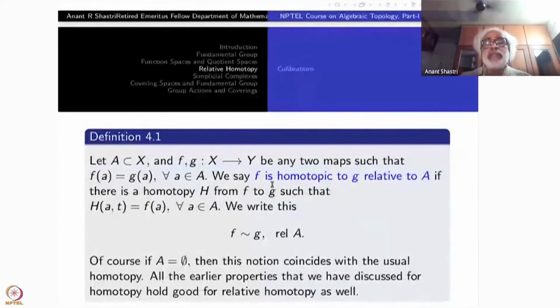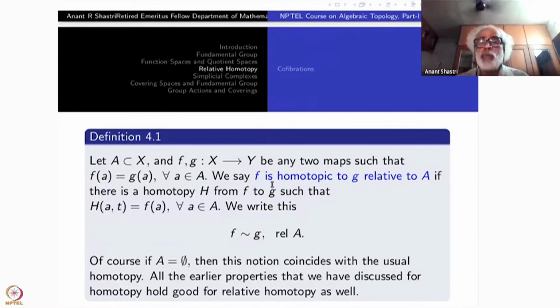Start with a subset A of X, where X is a topological space, and two continuous functions F, G from X to Y, such that on A they agree: F(a) equals G(a) for every a in A. So on a smaller subset, the functions are the same.